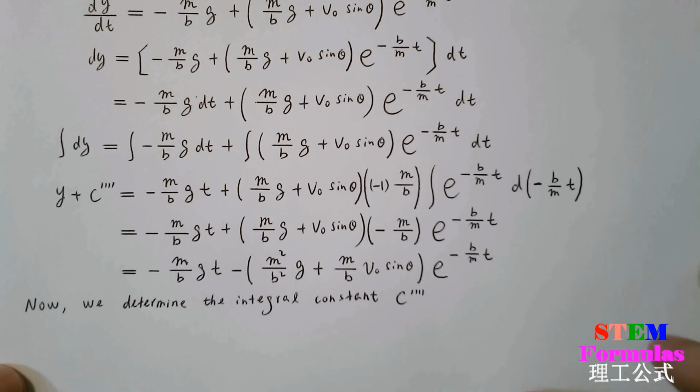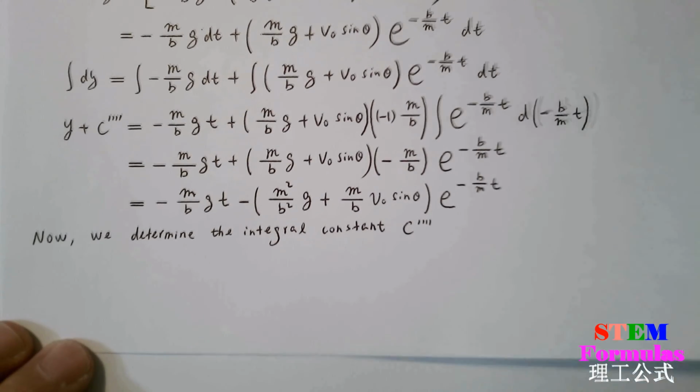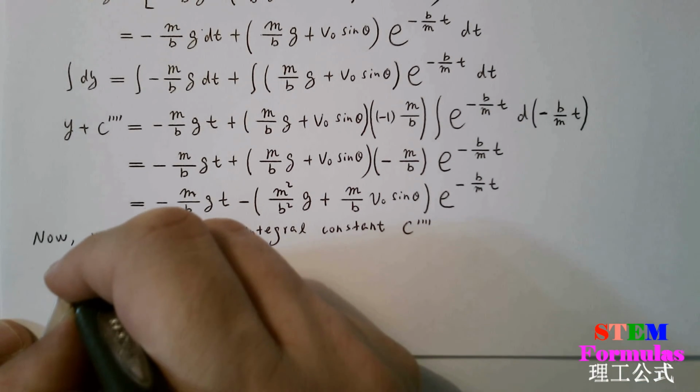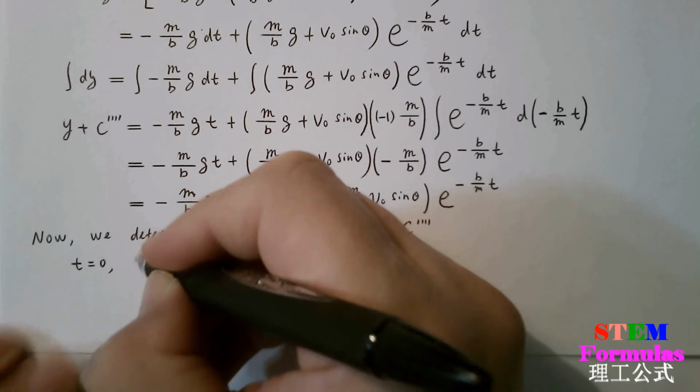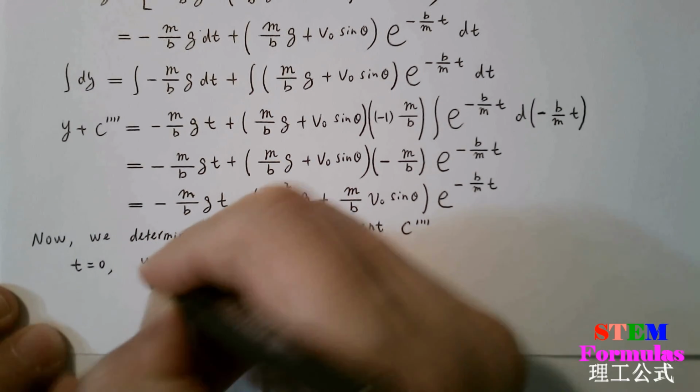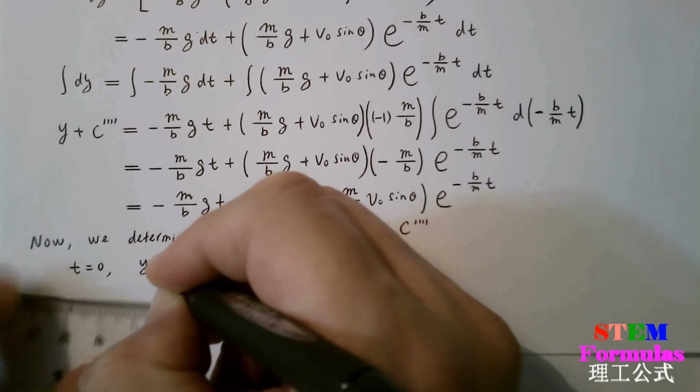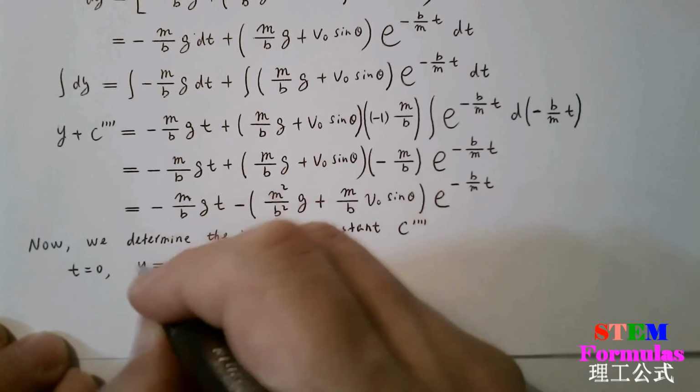So we use the initial condition: at t equal to 0, we have y equal to 0.